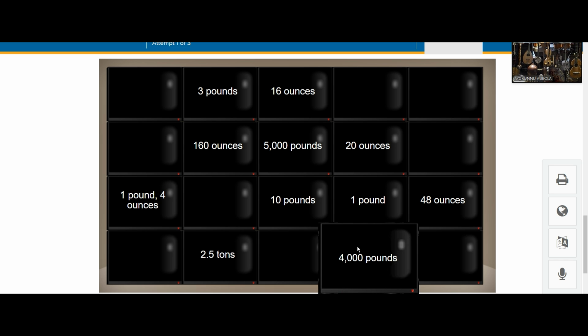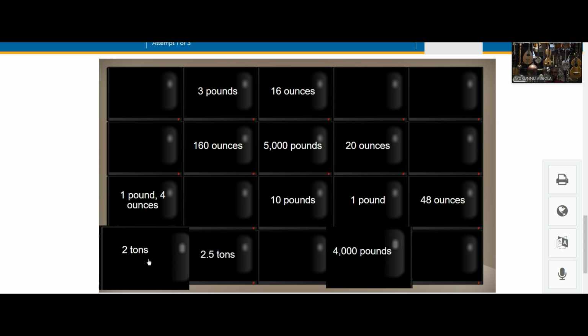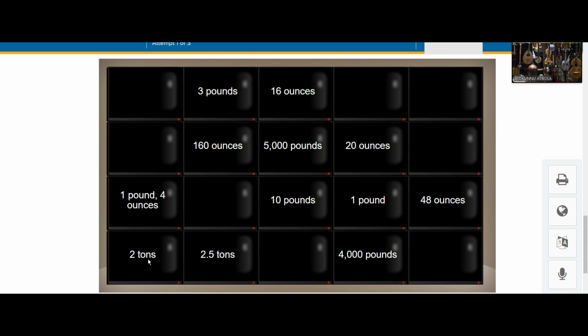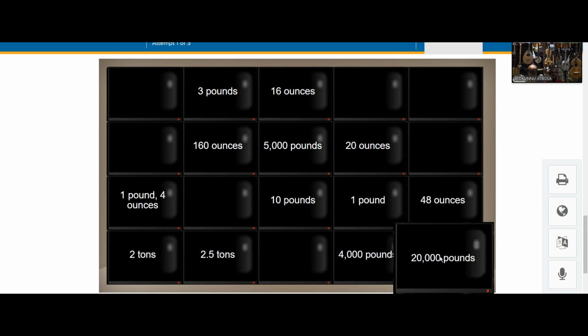Is that clear? Then maybe this one, this is 4,000 pounds. That will be 2 tons, but I don't know where the 2 tons will lie. So let's check this. Yeah, that's 2 tons.